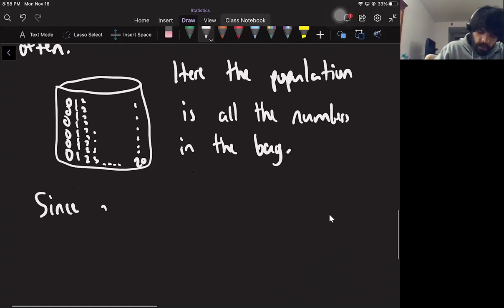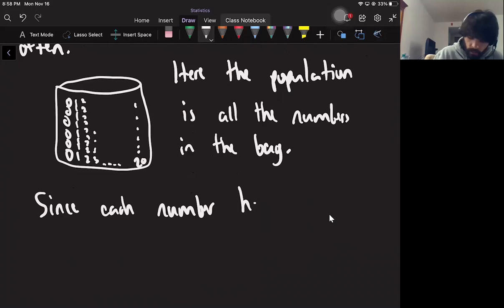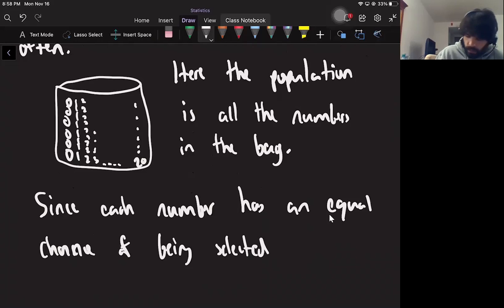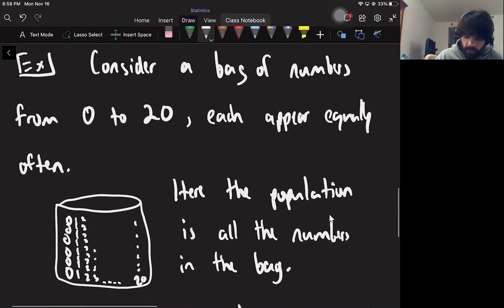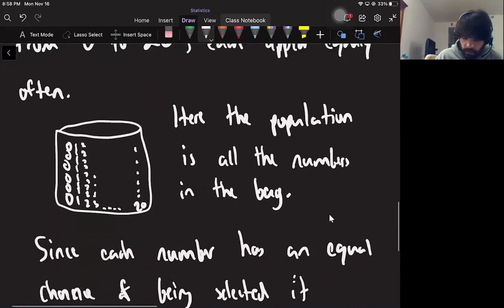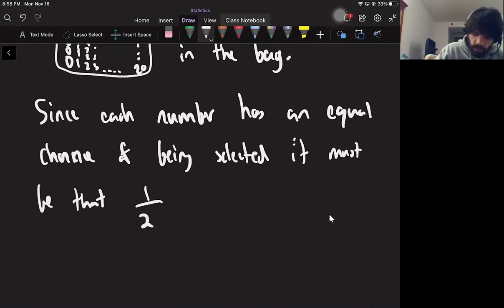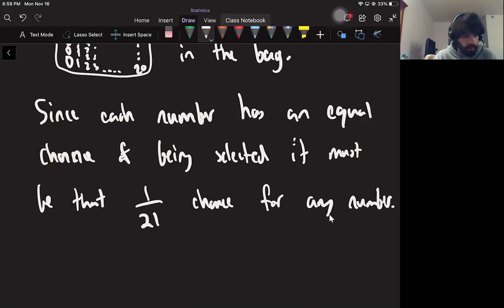So since each number has an equal chance of being selected, well, there's 21 numbers, and they each appear equally often. From 0 to 20, there's 21 numbers. It must be that there's a 1 over 21 chance for any number to be selected if you randomly picked one.